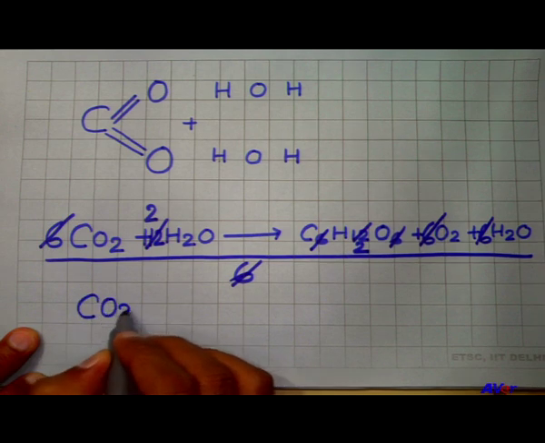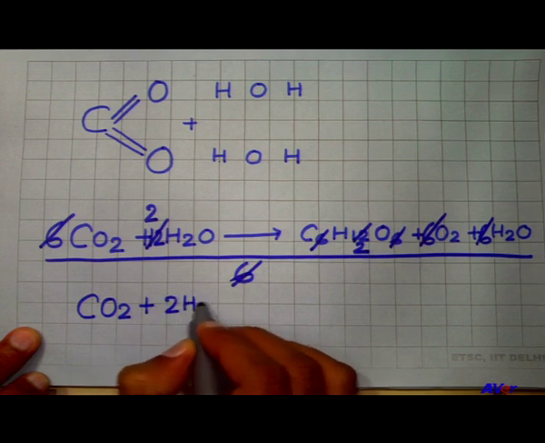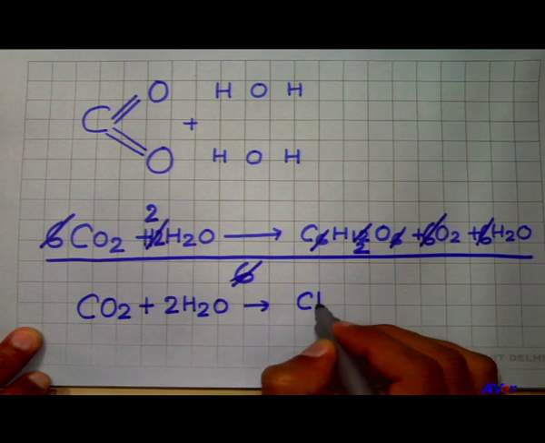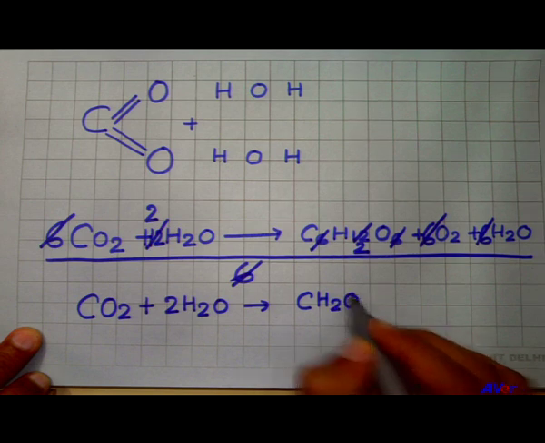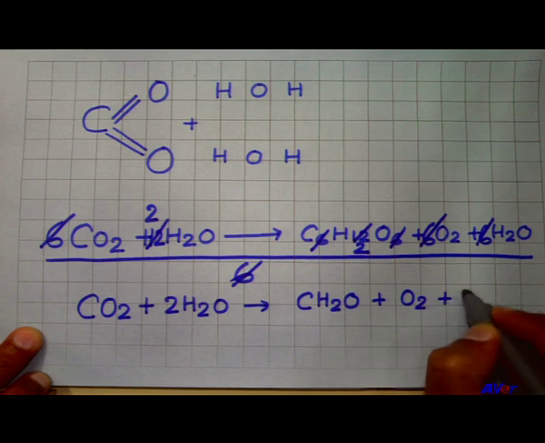Now, this entire reaction we can simplify. 1 molecule of CO2 combined with 2 molecules of H2O forms CH2O, O2 plus H2O.